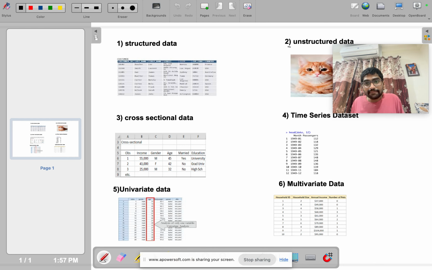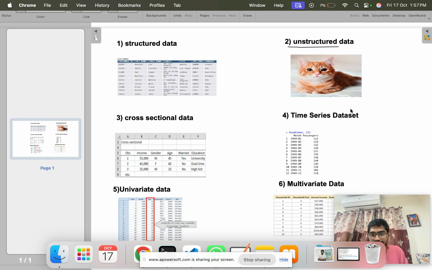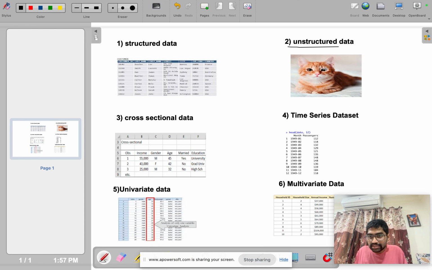Now the second type of data is unstructured data. So what is unstructured data? The simple definition of unstructured data is the data which is not in a structured order. Data which is not in the form of rows and columns is unstructured data. If you see this image, it does not have any structure.